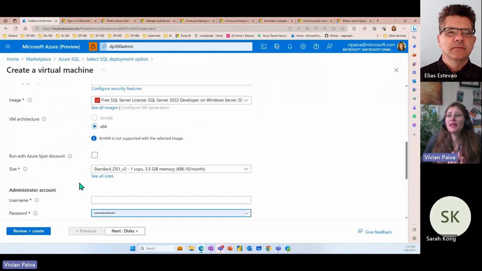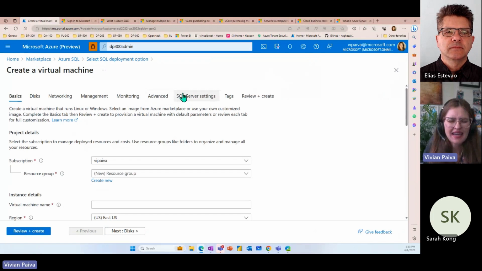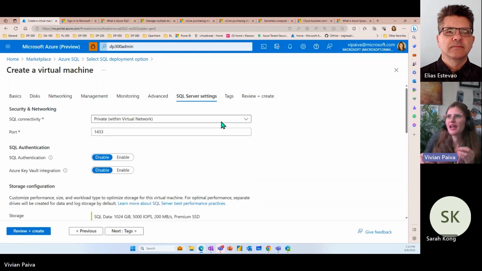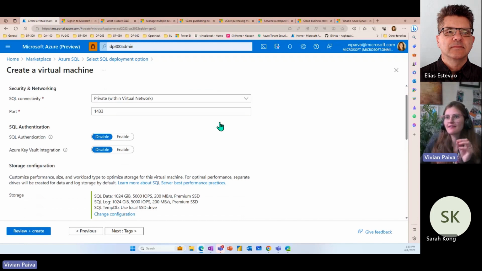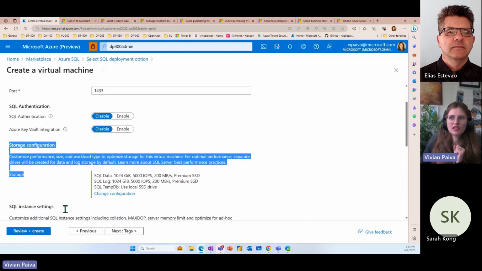And as we are using a marketplace image, there is an IaaS extension for dealing with SQL configuration. I will be sharing that link with you soon. So you can set up some configuration at SQL Server level, including the storage.